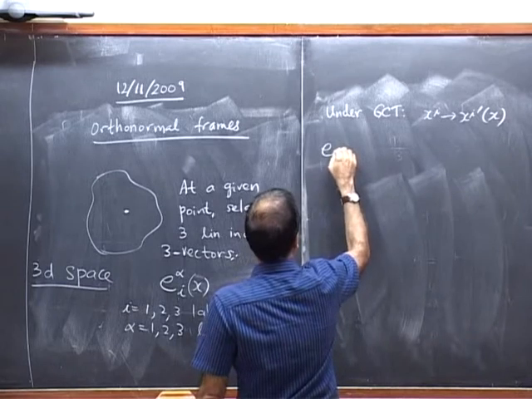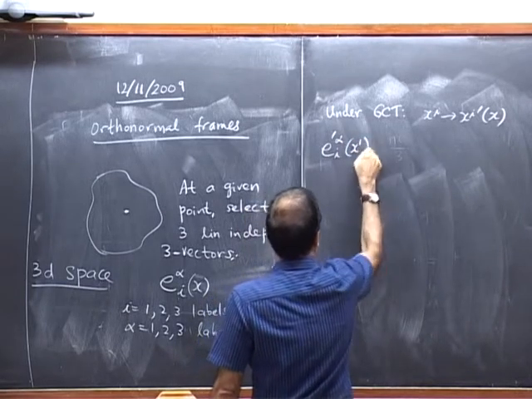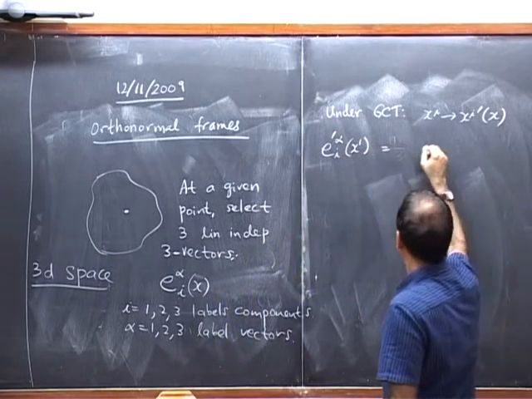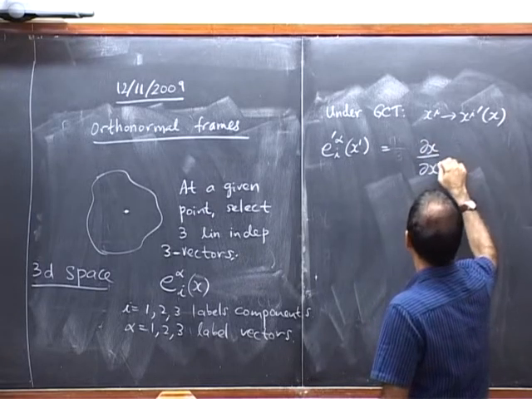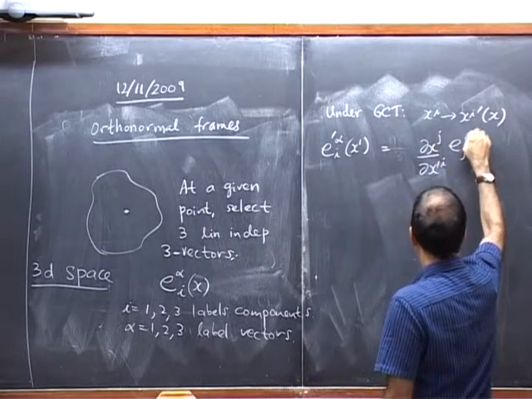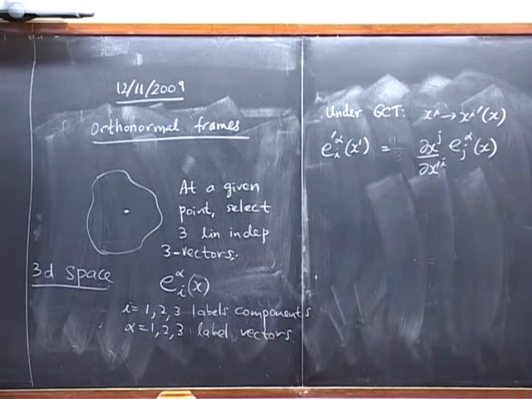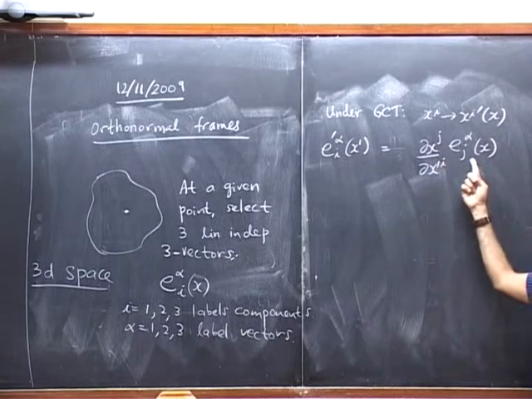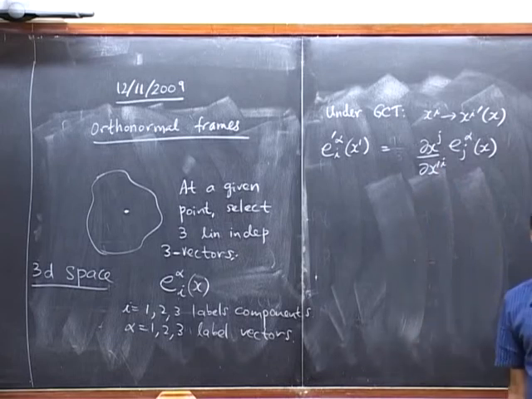So E_i^alpha prime is nothing but del x^j over del x'^i times E_j^alpha of x, which simply tells me that the index i behaves like a covariant or lower vector index and the index alpha doesn't do anything.